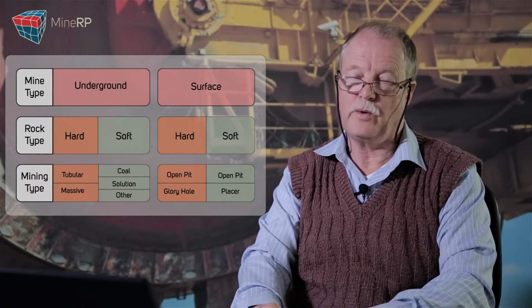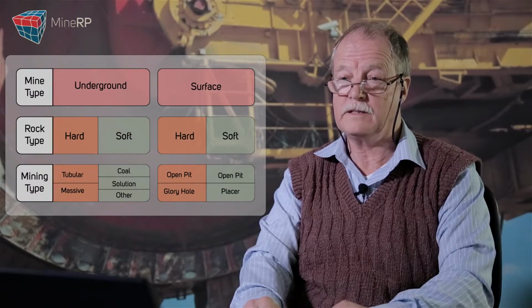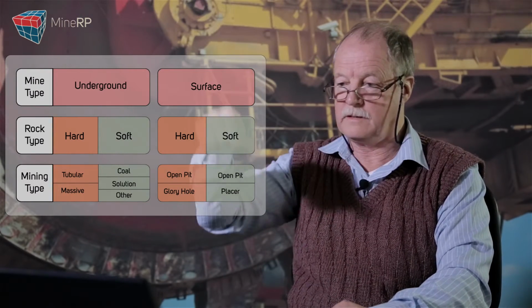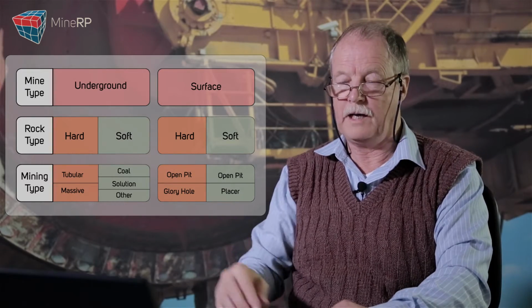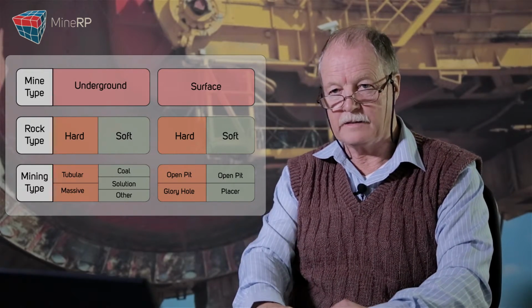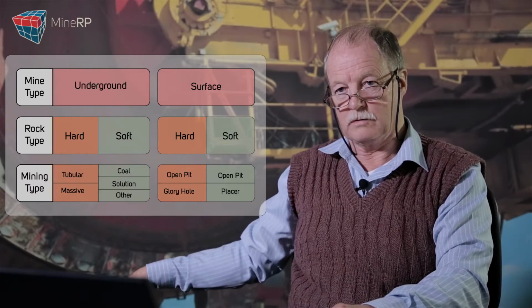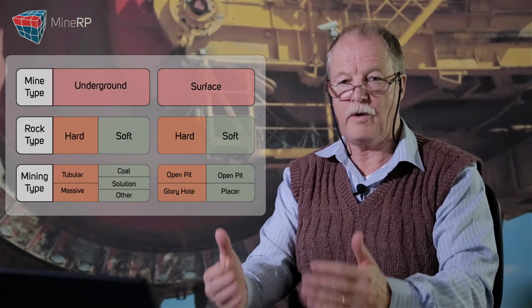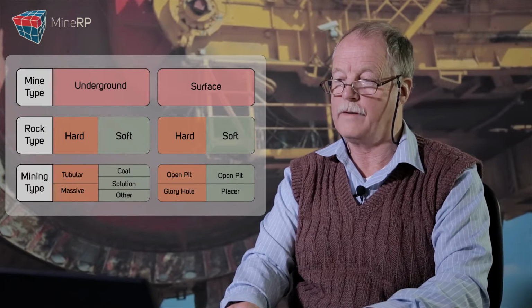The glory hole is where I'm mining at the top of a mountain and I've got to pull all the rock up. Each truckload comes to the top of the mountain and goes back down the mountain to the plant. Or I can come in under the mountain, put in a hole from the pit straight to a loco, and pull the rock out all straight to the plant. It's a significantly different enough mining method to warrant different information requirements.